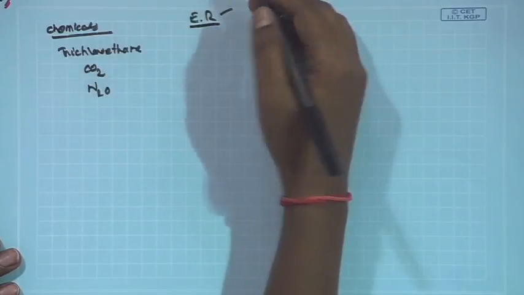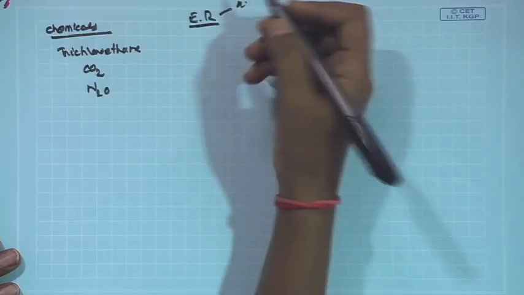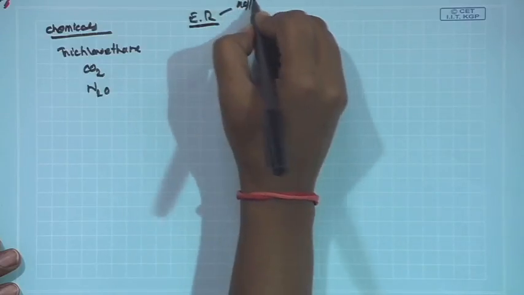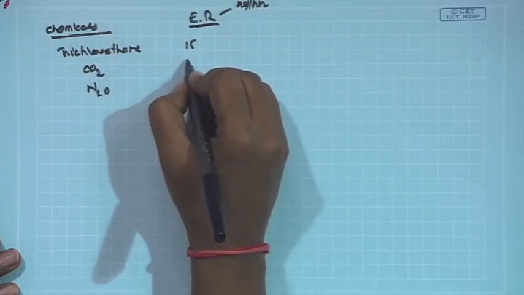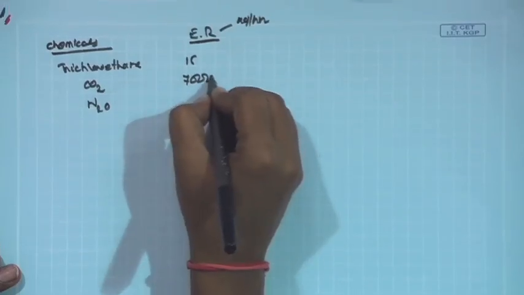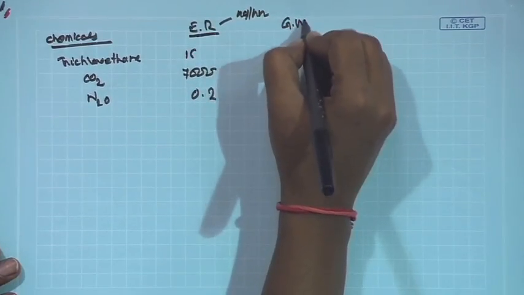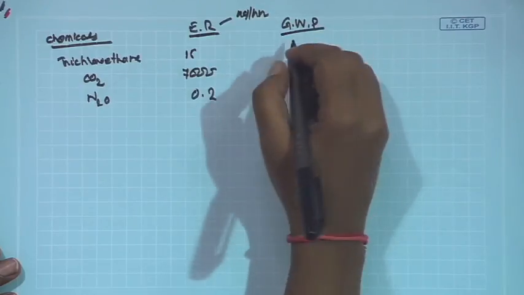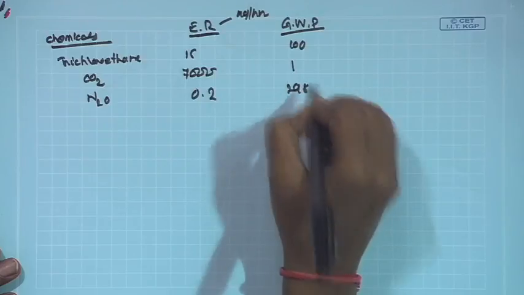from the source per unit time, and it is generally expressed as mass per unit time, that is kg per hour. In the question it is given as 1500, 7000 and 0.2, and the global warming potential of each pollutant is 1, 1 and 298.